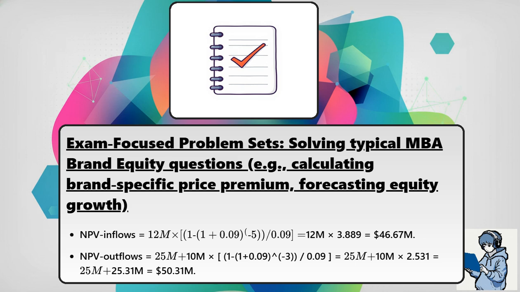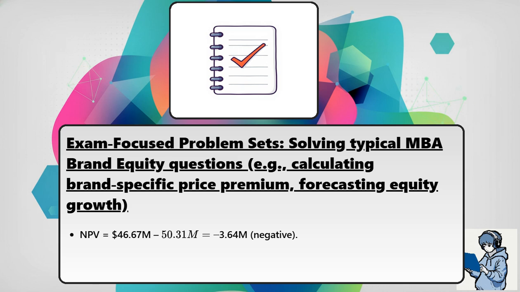Net present value of outflows equals $25 million plus $10 million times [1 minus (1 plus 0.09) raised to the -3] divided by 0.09, equals $25 million plus $10 million times 2.531, equals $25 million plus $25.31 million equals $50.31 million.